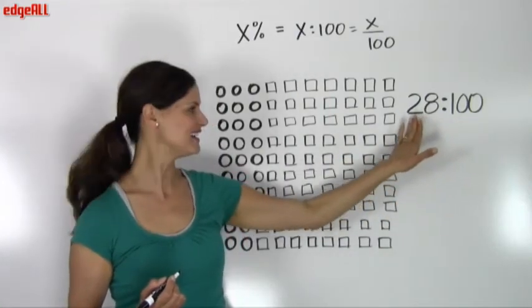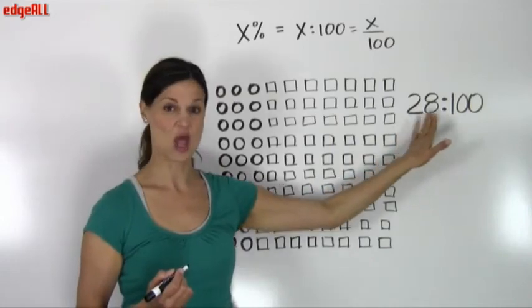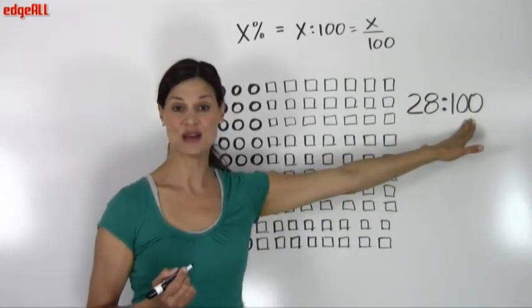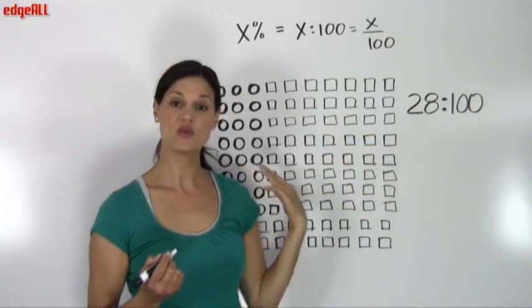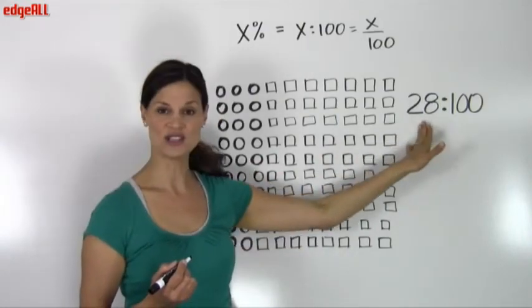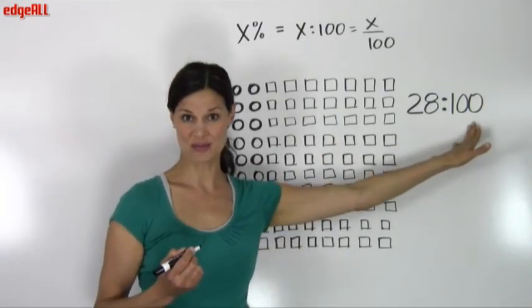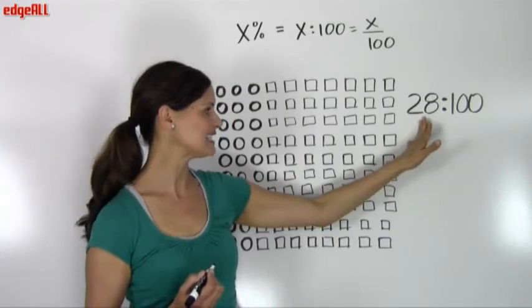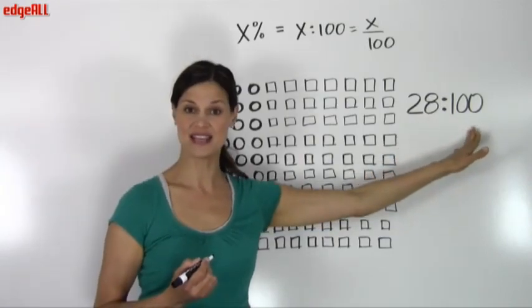So quantity 1, total number of circles. Quantity 2, total number of shapes. So the ratio of circles to total number is 28 to 100.